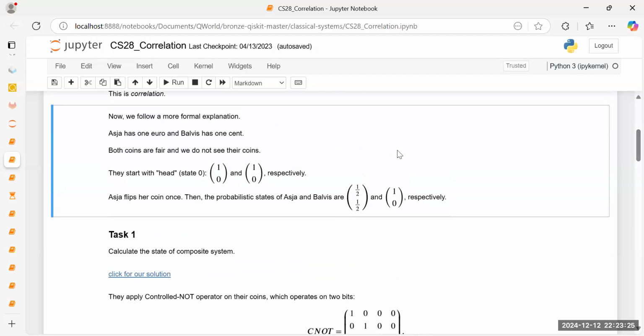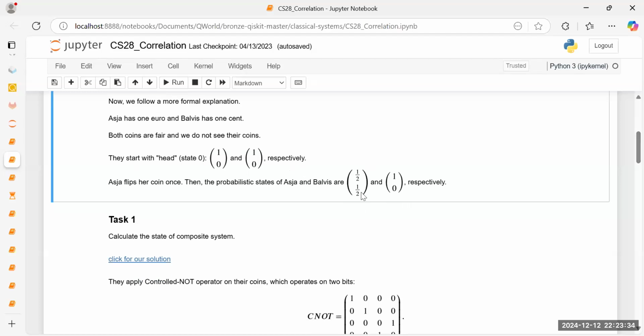So to accomplish this, we utilized two operators. We utilized the fair coin toss operator, and that was how we got the state you see here. And this is our second coin. So this is the first euro coin to which we applied the fair coin toss operator.